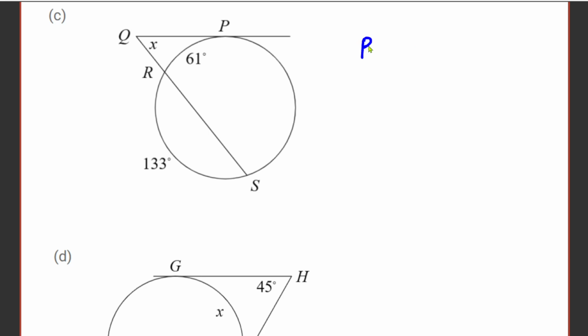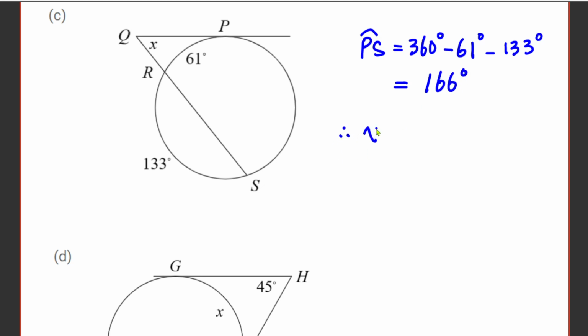Okay, in this case, arc PS equals 360 degrees minus 61, subtracted by 133 degrees. Alright. And this gives us 166 degrees, right?